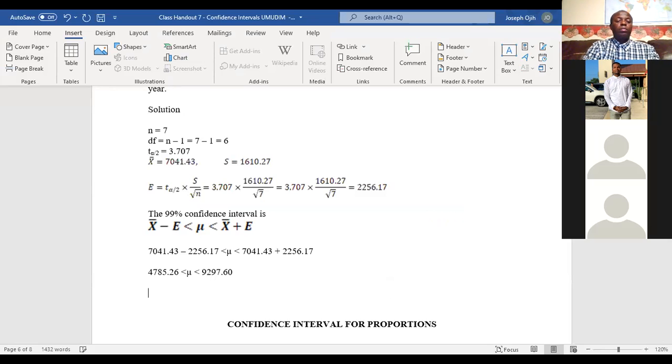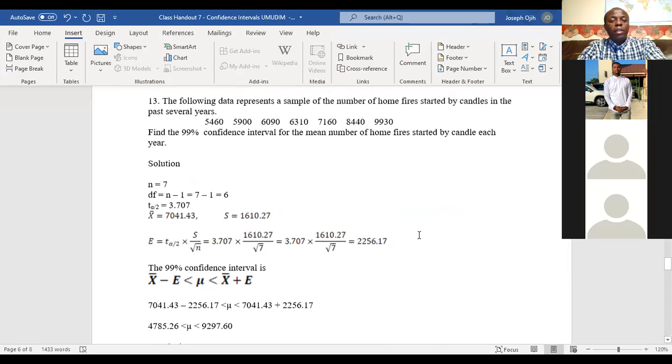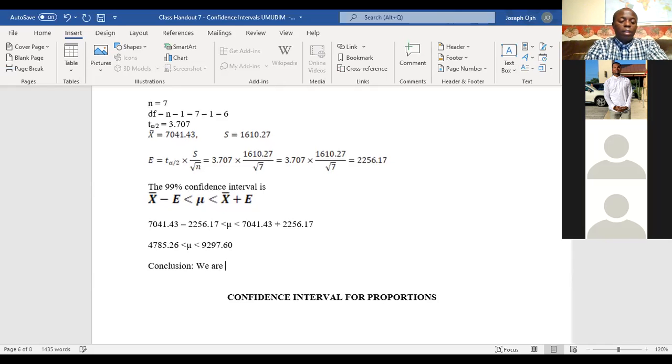Okay. Now our conclusion. We can say with 99% confidence, and don't forget to mention the average, that on average the number of home fires is between 4,785.26 and 9,297.6.